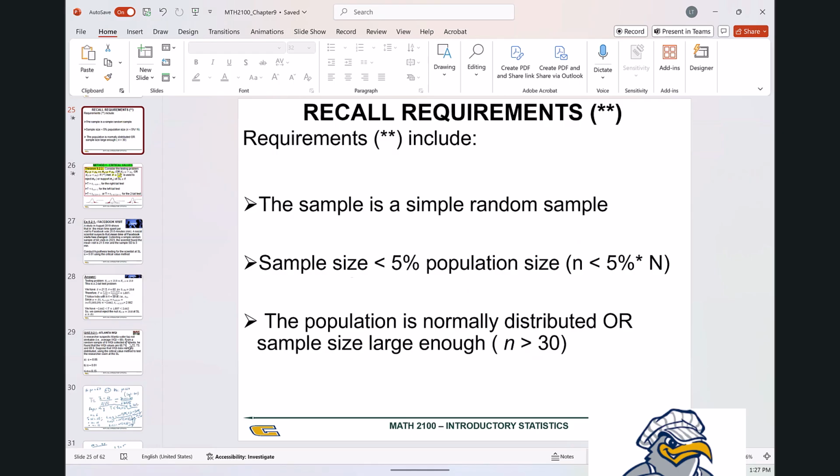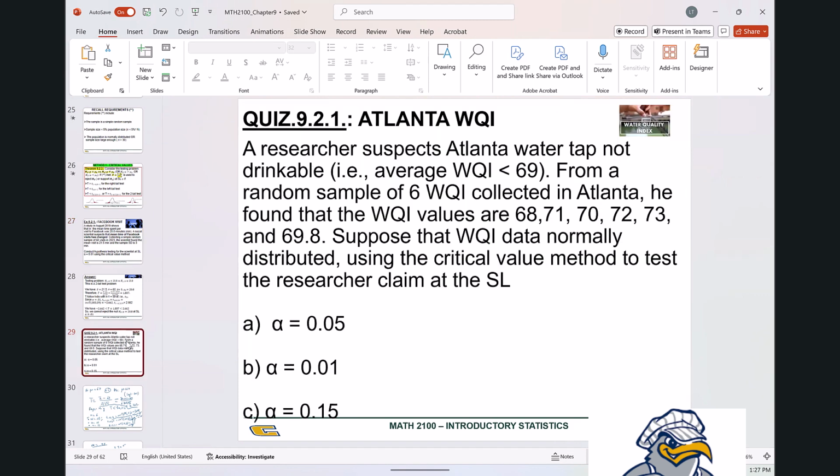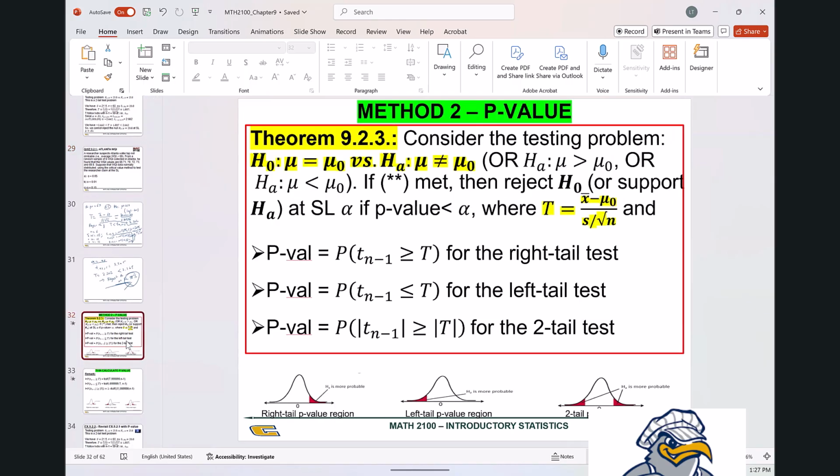The data are not normally distributed, so the population is normal or the sample size is large enough. In this case you have about 60 visits, so it's large enough and you don't have to care about the population distribution. In this case you have only six observations, but it's already told that the data are normally distributed, so all conditions are satisfied. It's always good practice to check before you apply anything.